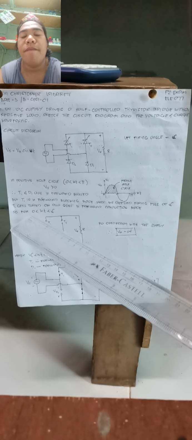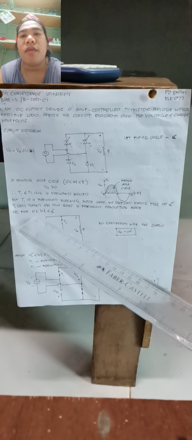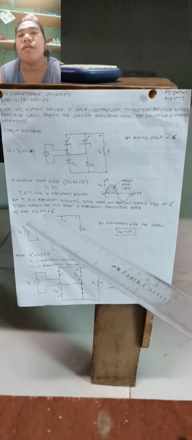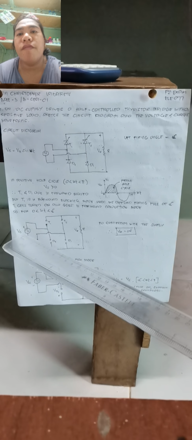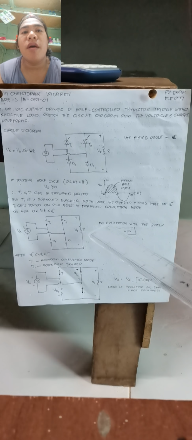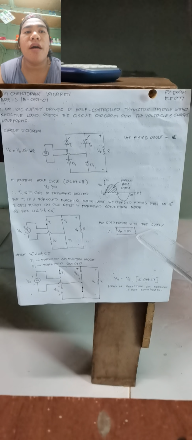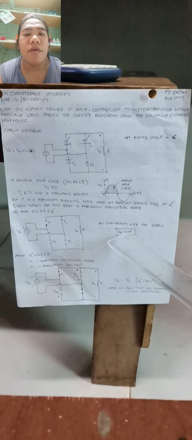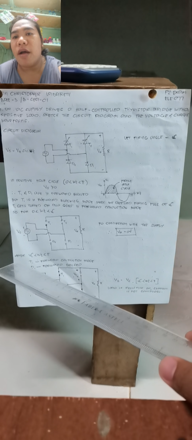So for 0 less than ωt less than lambda, we have this diagram and no conduction with the supply. Therefore VO is equal to 0 volts.